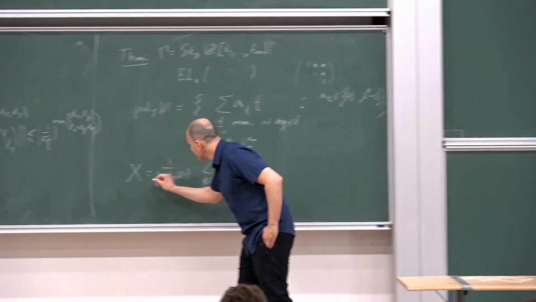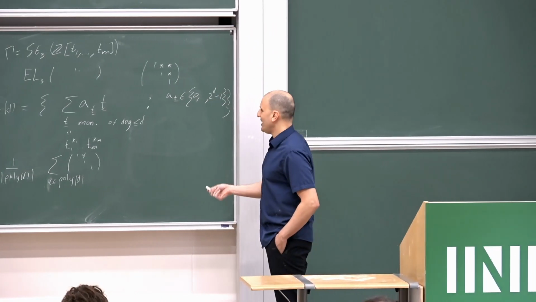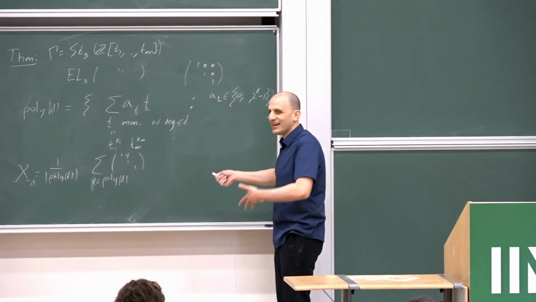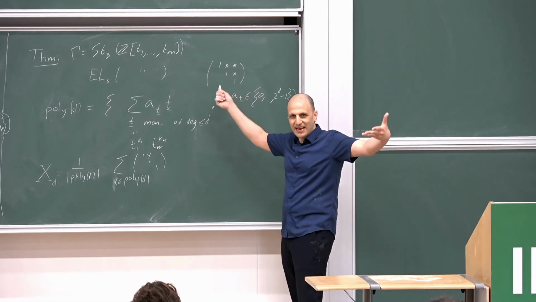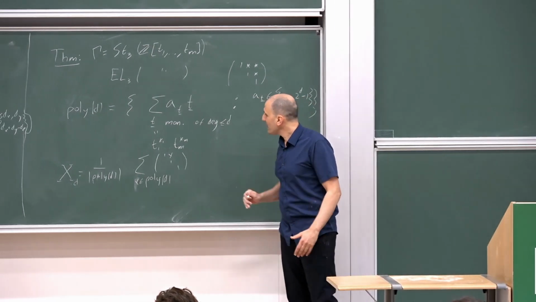So this is X. And you can form Y_d and Z_d the same. These are all elements in your group ring.